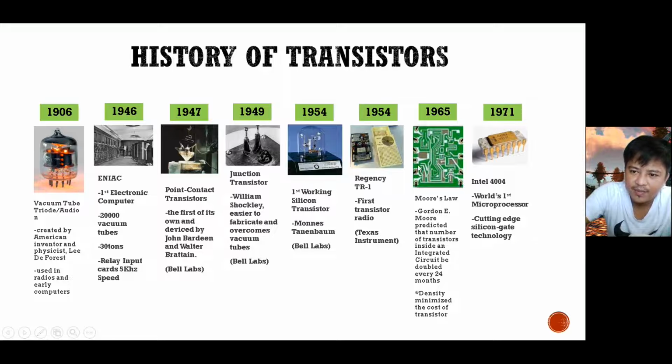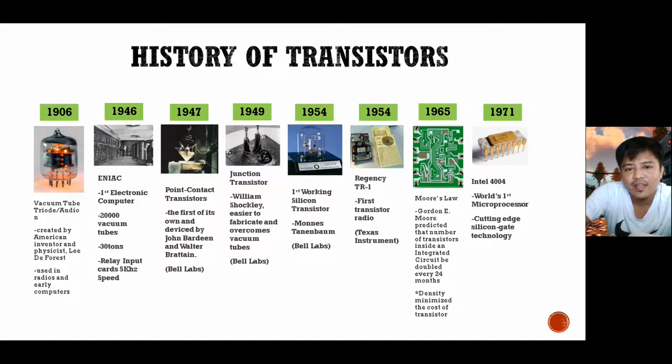In 1971, Intel, the company founded by Moore, including Robert Noyce, developed the world's first microprocessor. Why am I introducing the microprocessor here? Because a microprocessor is an example of a device that has the maximum number of transistors inside.